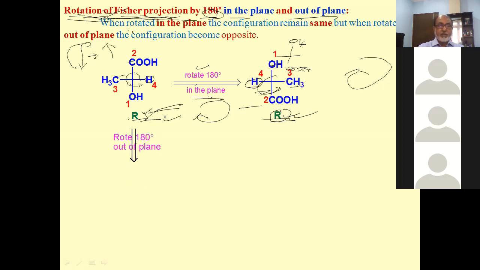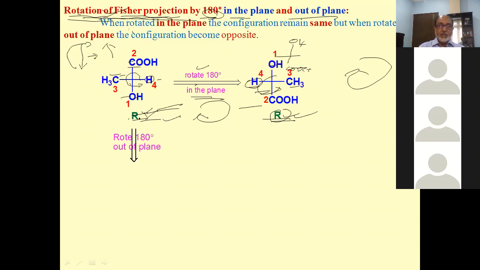But for out of plane rotation, you just turn it like this. The two groups, COOH and OH, will remain in their position, but hydrogen will come here and CH3 will go there.